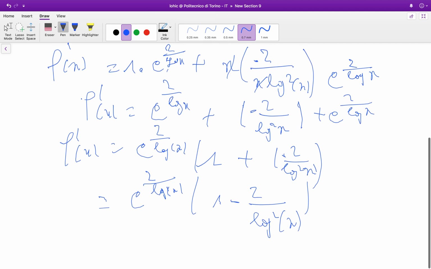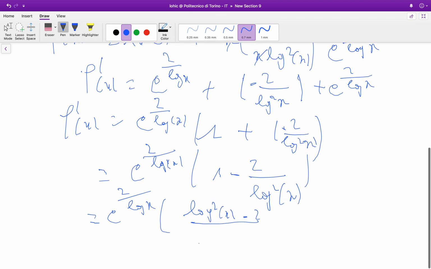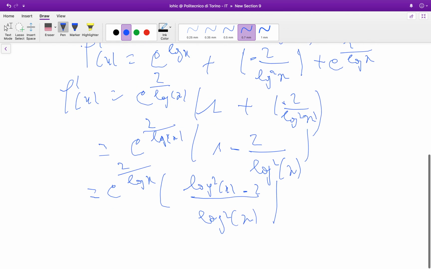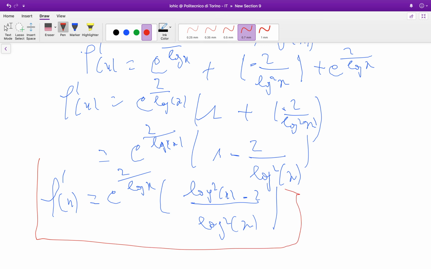So going further, we get exponential of 2 over log of x multiplied by log square of x minus 2 over log square of x. Okay, now we can keep the derivative in this form. Why? We keep the derivative in this form because it is factorized, yes or not? This form is the factorized form of the derivative.